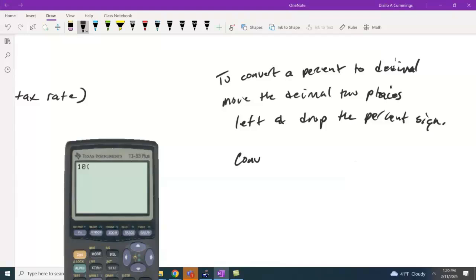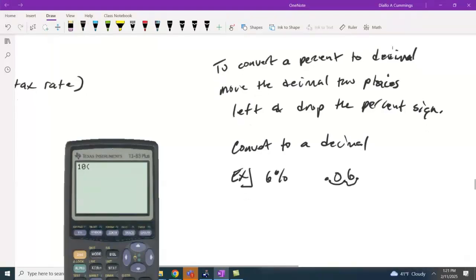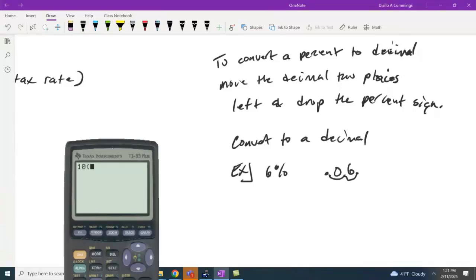So convert 6% to a decimal. I drop my percent symbol. As far as the 6 is concerned, my decimal is behind the 6. I move it once to the left, which puts it in front of the 6. I move it again to the left, so I fill in a 0. So 6% is 0.06.